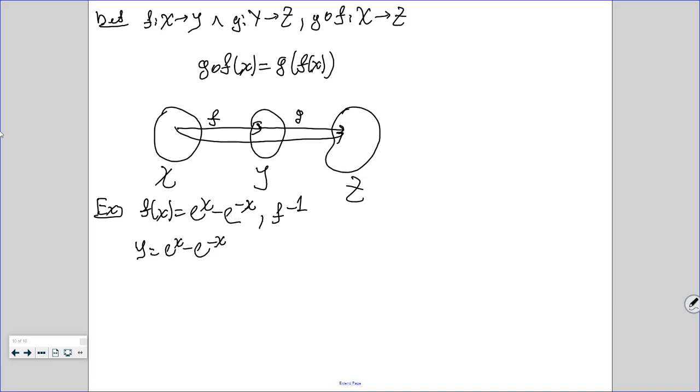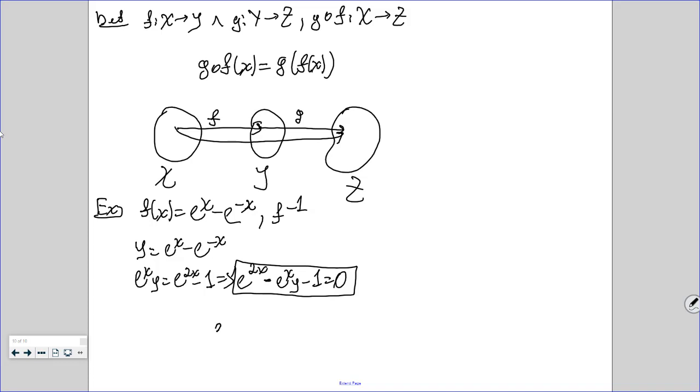Then if we multiply this equation by the exponential of x, we will get minus 1, and from here you can note that this equation is a quadratic. So if it's quadratic, we can use the quadratic formula to find e to the x. But since the exponential of x is always positive, we can discard the minus sign.